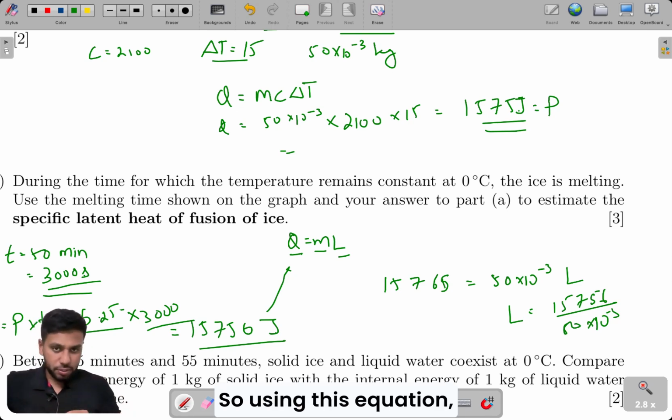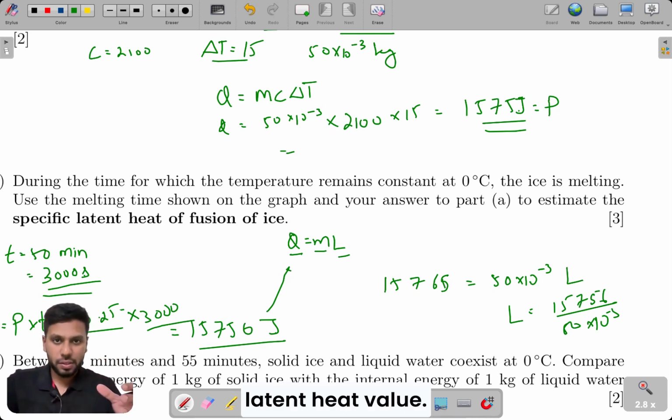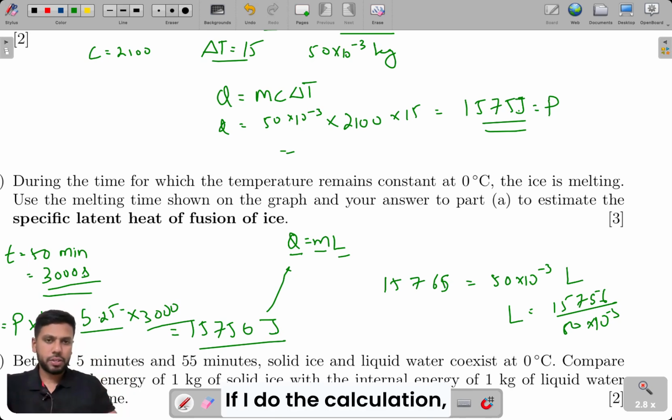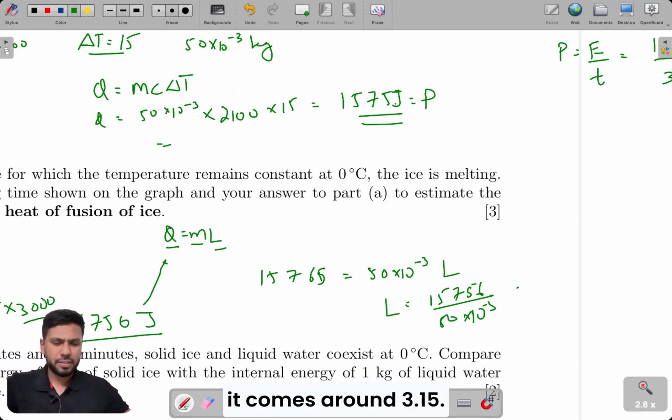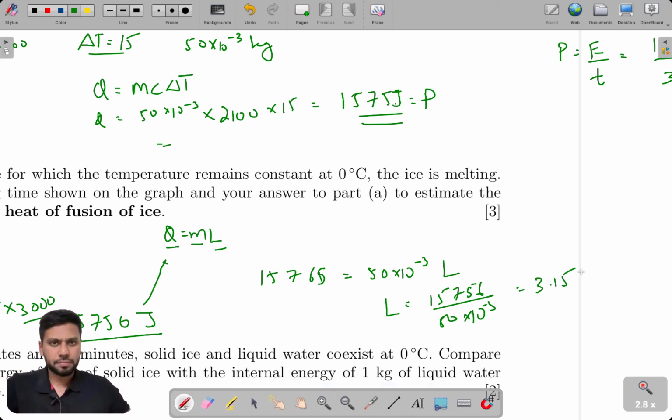So using this equation, I'm getting the latent heat value. If I do the calculation, it comes around 3.15 into 10 power 5.